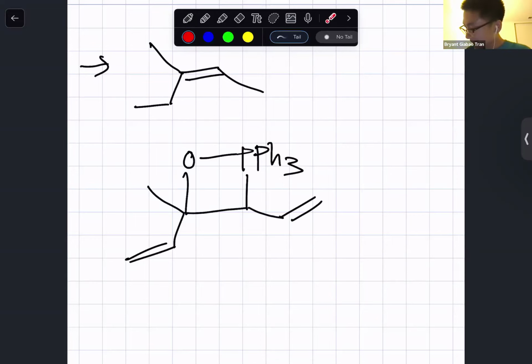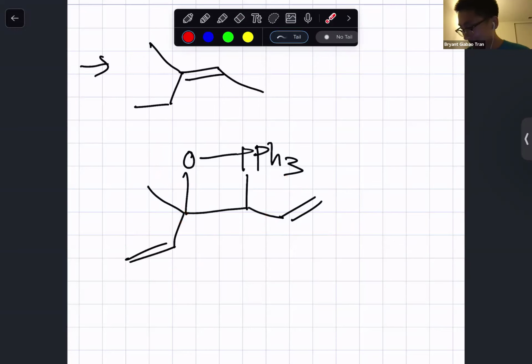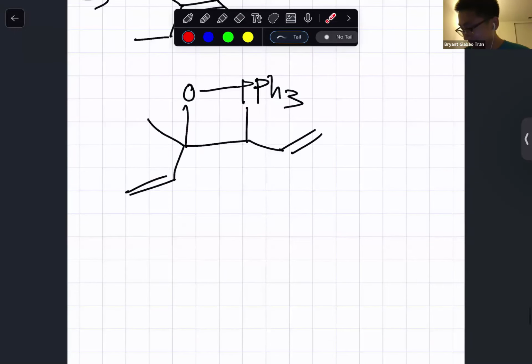These groups here, they want to get closer to the phosphorus and oxygen to increase the amount of secondary p orbital overlap. Wait. In this case, it doesn't make sense because if both of these groups are on the same side going up there, that would still be Z isomer. Let's see here. Actually, just ignore what I said.